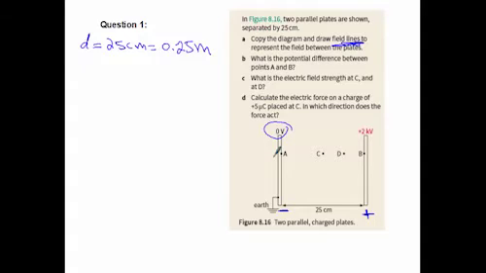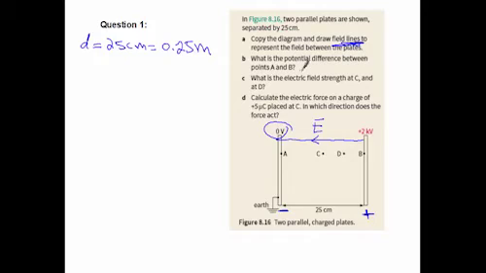So you know that the field lines are directed from the positive to the negative, and this is giving us the direction for E, the electric field.